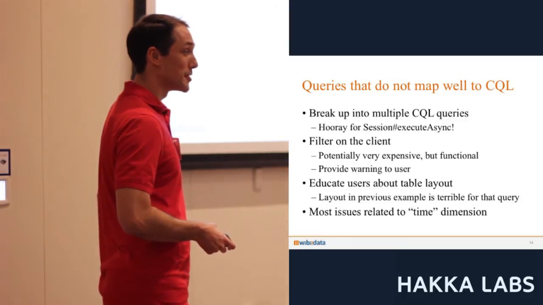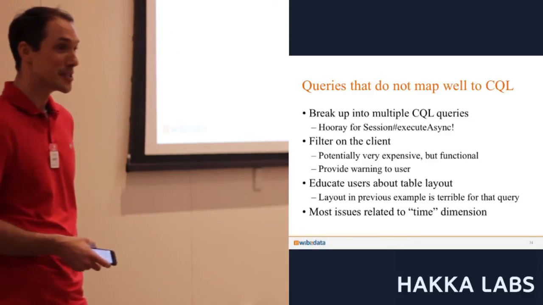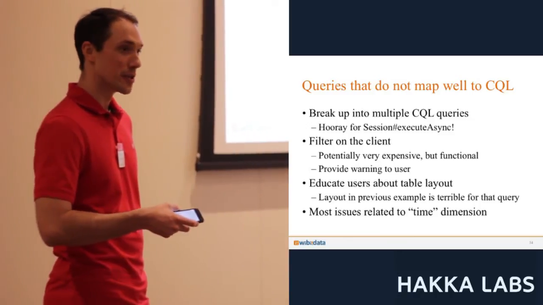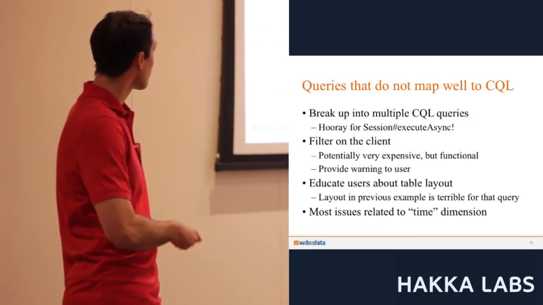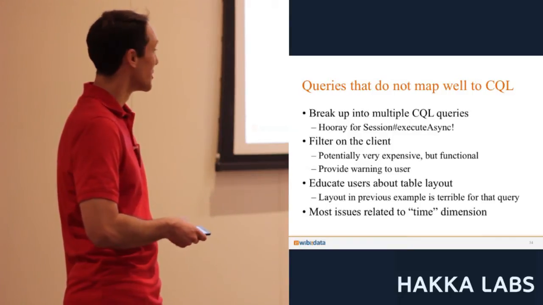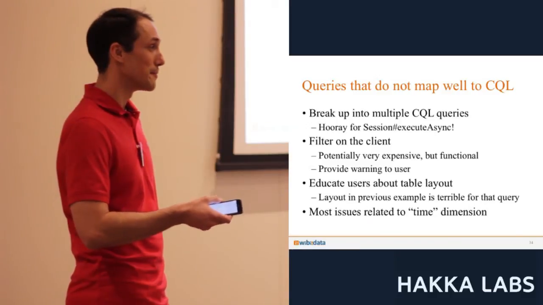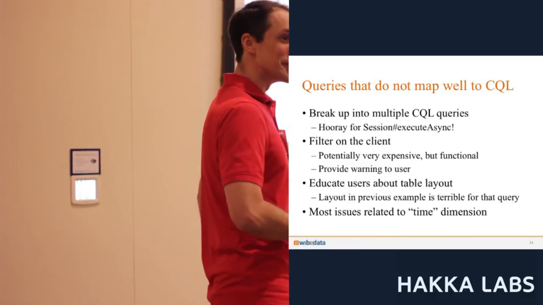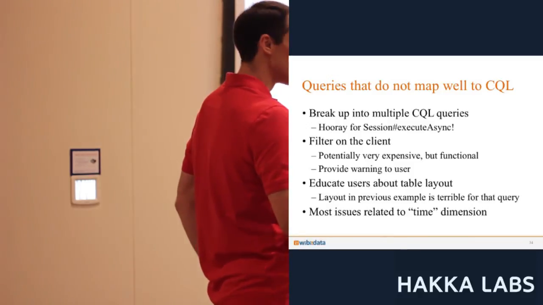The fallback plan, which is pretty ugly but does work as long as you have enough memory on your machine, is just to fetch all the data you could possibly need and then do filtering on the client. So as an example, in this query, we could just fetch all of the music listening history for Bob over the whole time he's used our application, which hopefully is a significant amount of data if our business is successful, and then just filter it on the client.